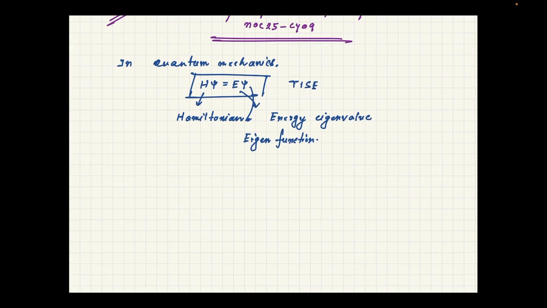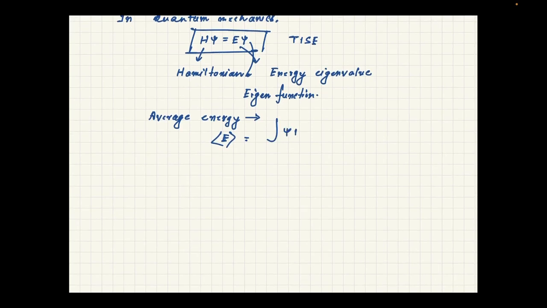Now, to get the energy eigenvalue corresponding to a particular eigenfunction psi, we get the average energy: E average equals the integral of psi star H psi d tau divided by the integral of psi star psi d tau.